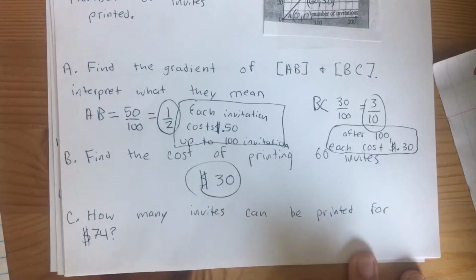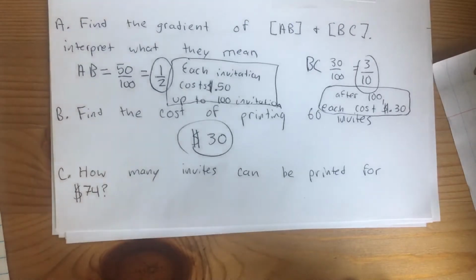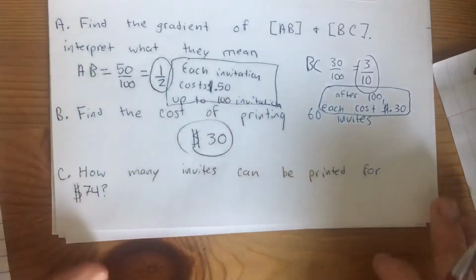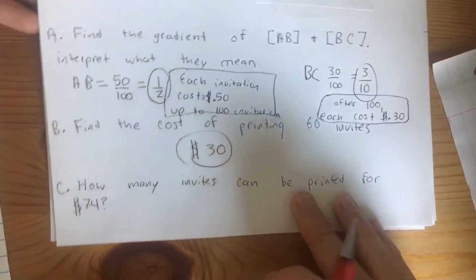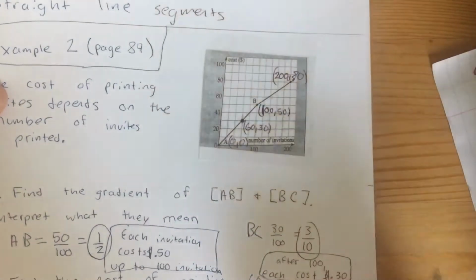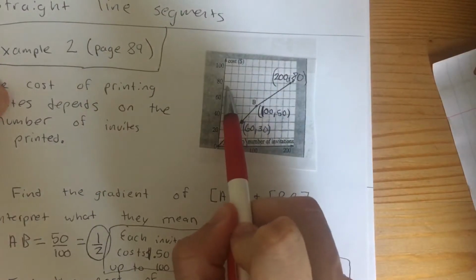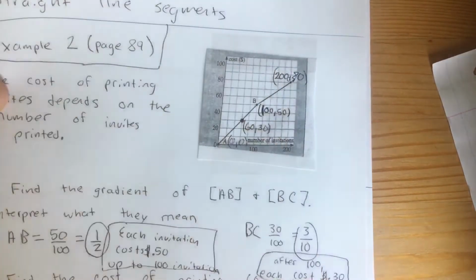The last thing we're going to figure out is how many invites can be printed for $74. Unfortunately, we cannot tell exactly where 74 is based off of this graph.